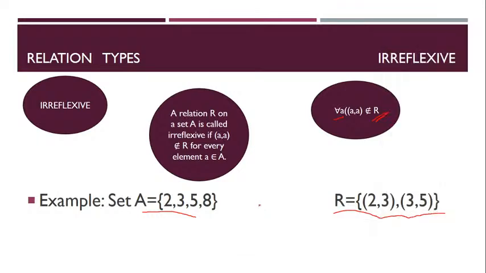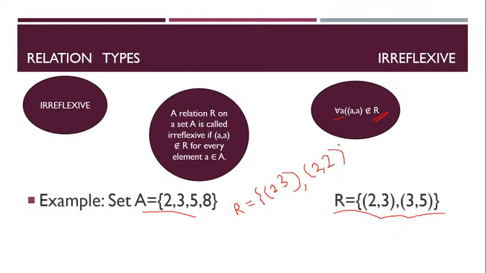Fine. So now if I take one example, say I take a relation something like this. Say (2,3), the same (2,3) is there, and within that relation I'm having, say, (2,2).